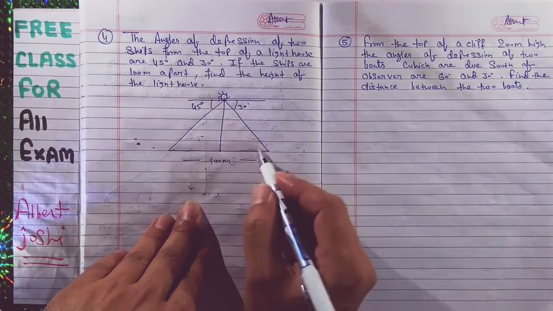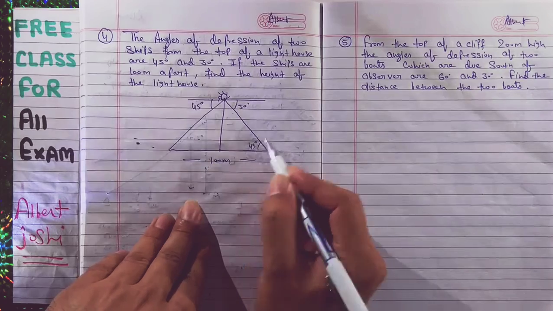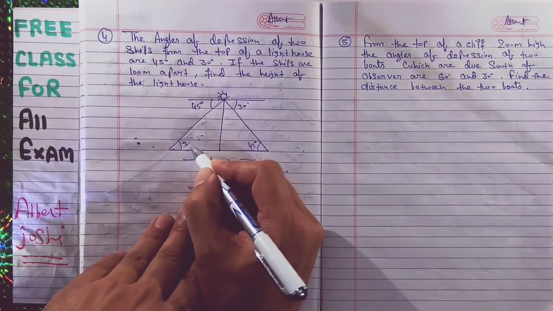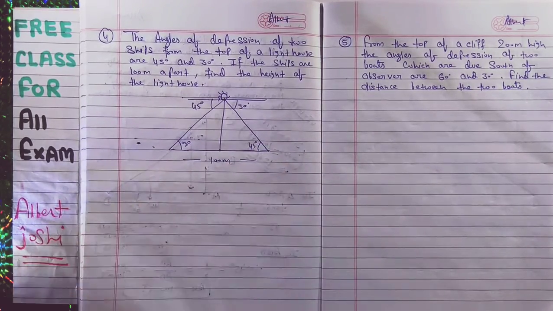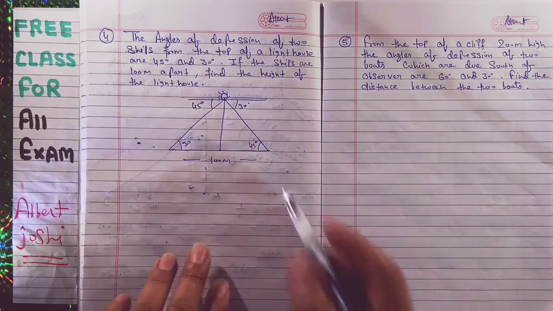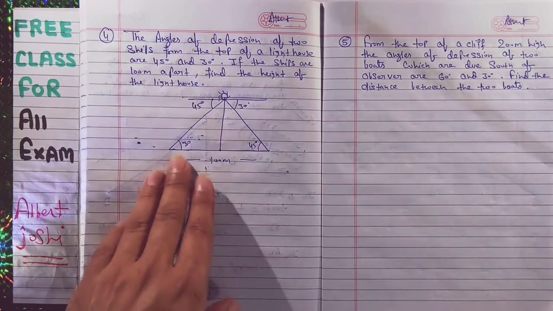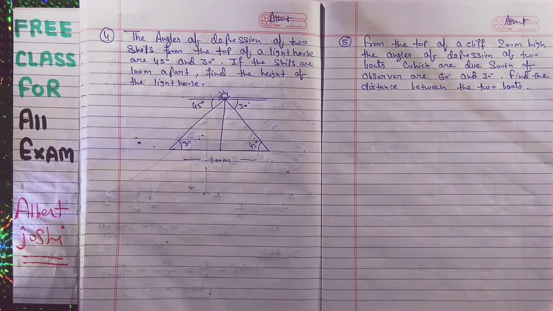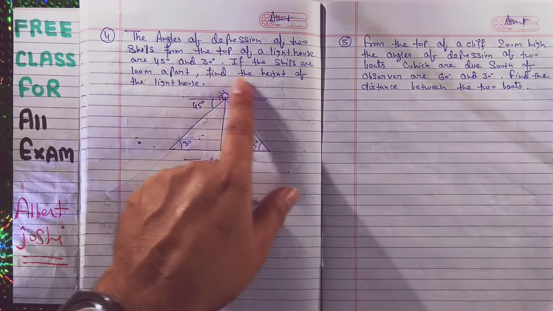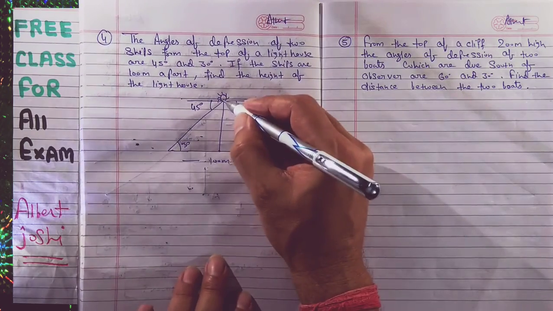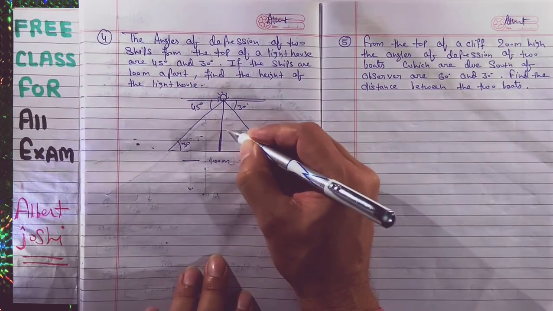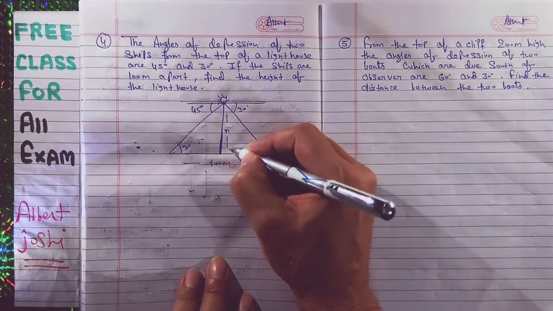If this is 45, then this is also 45. If this is 30, then this is also 30 degree, because this line and this line are perpendicular to each other. So now this is 45, this is 30, and this is 100. Okay, so he is asking to find the height, you have to find this value.